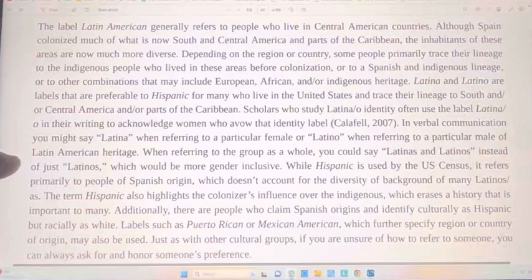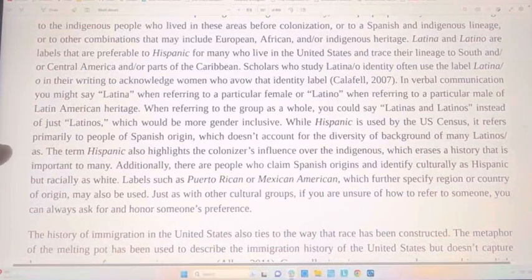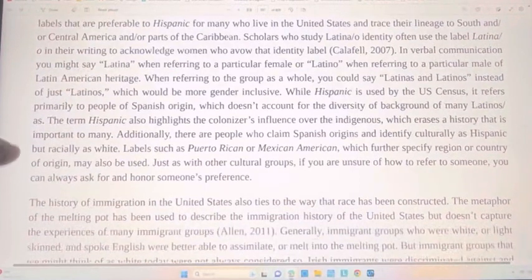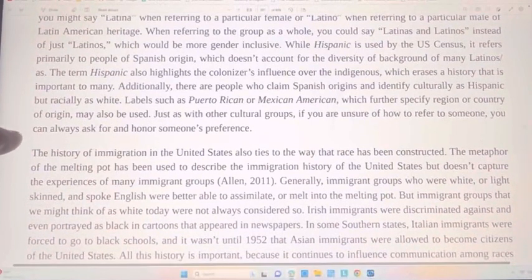In verbal communication, you might say Latina when referring to a particular female, or Latino when referring to a particular male of Latin American heritage. When referring to the group as a whole, you could say Latinas and Latinos instead of just Latinos, which would be more gender inclusive.